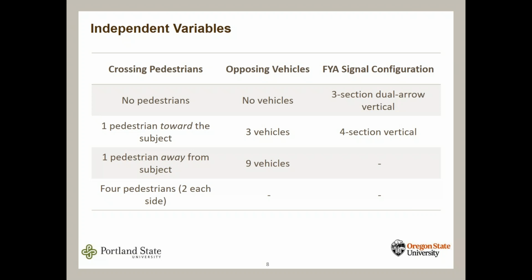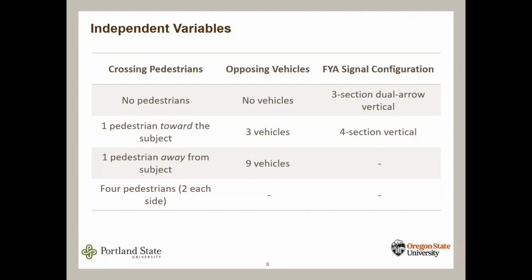Okay, so in terms of crossing pedestrians, we had a condition with no peds, a condition where a single pedestrian was walking towards the vehicle, a condition where the ped was walking away, and then we had a case where 2 peds were crossing the conflicting crosswalk in both directions. We were interested in the influence of opposing vehicles.